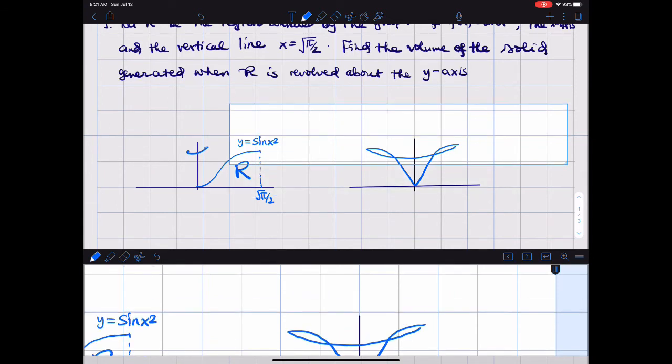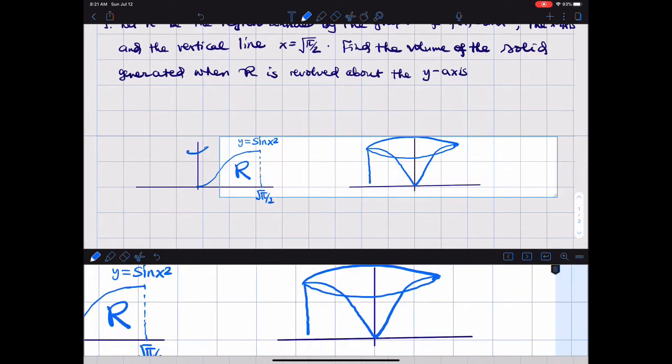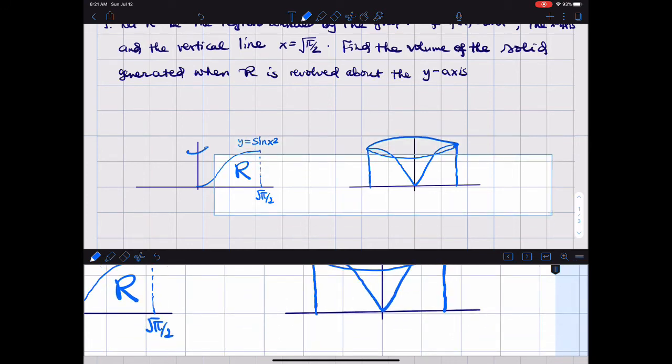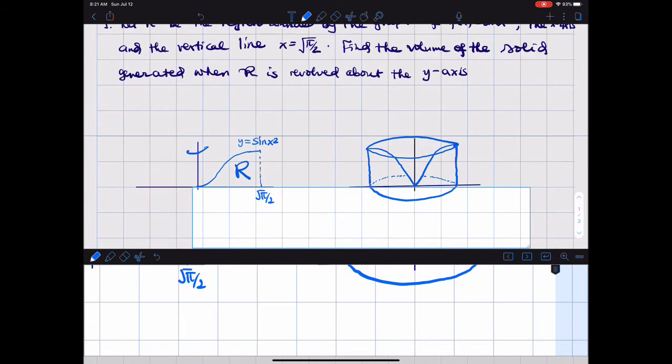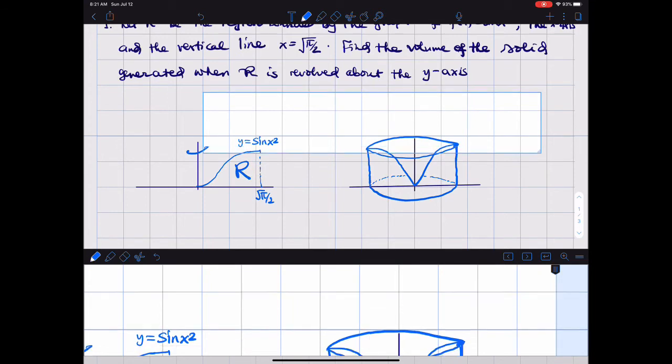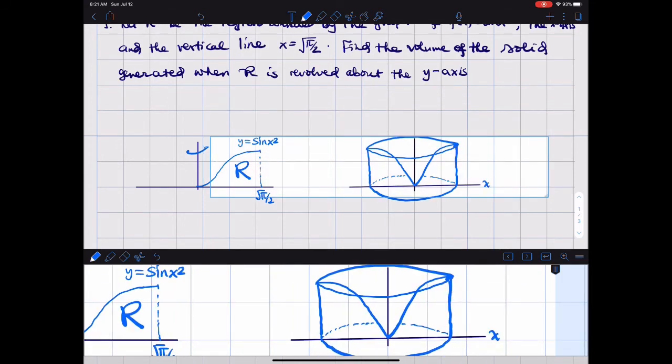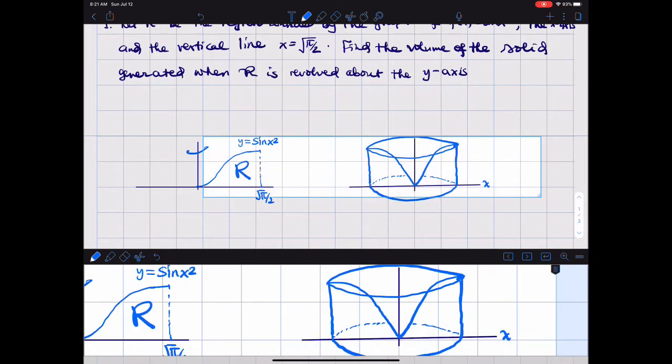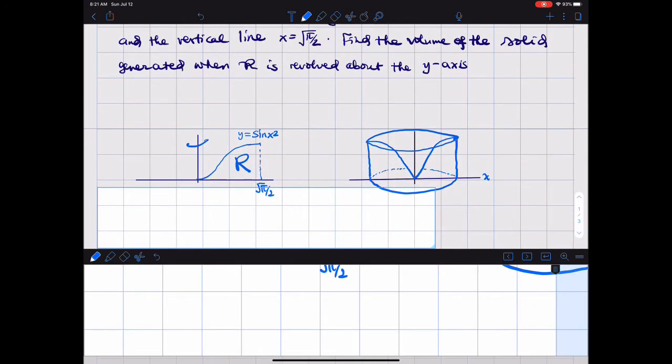Well done. Okay, so that's our solid. Now, this is our x-axis and that's our y-axis. Our vertical axis is in between. Okay, so what do we do?